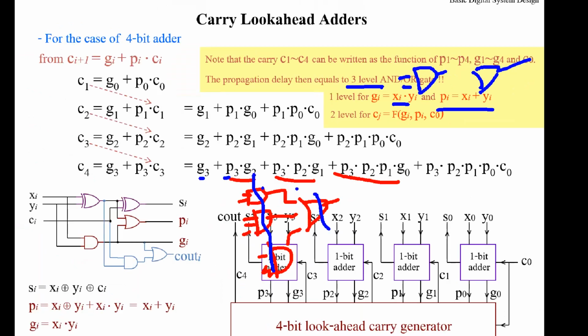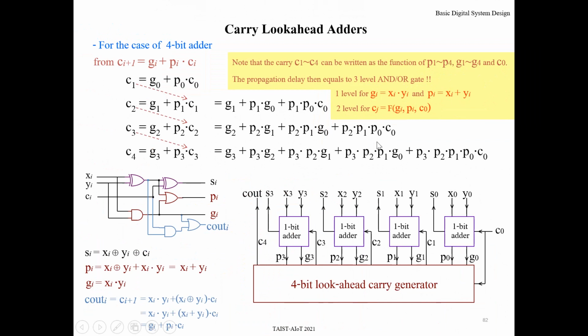So you just wait for three levels of logic gate delay, then you obtain the value of carry. That means if you add 4 bits, 8 bits, or 10 bits, you use the same delay time to generate the values of the carries. So it makes it faster.